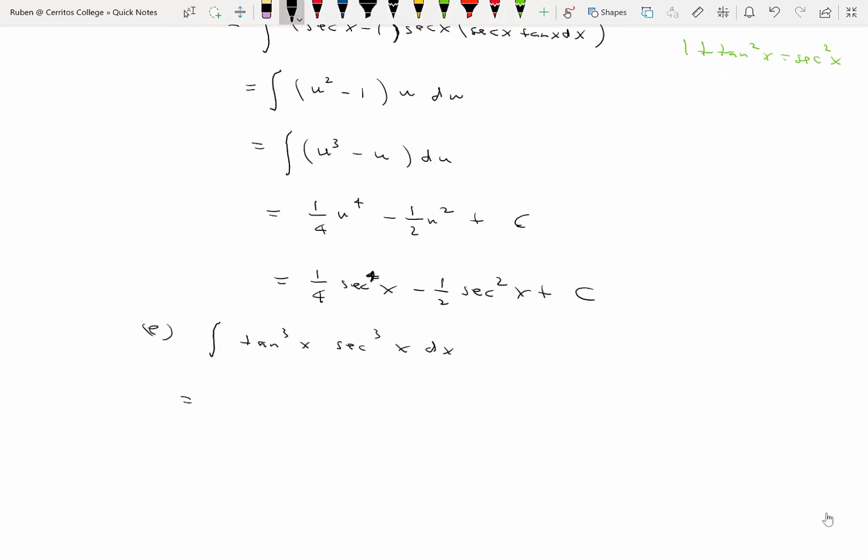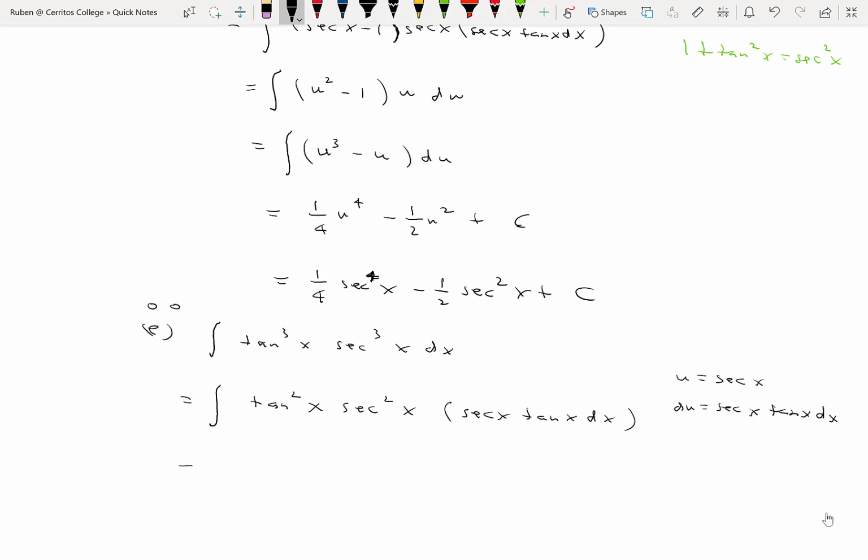Okay. So in order to make that work out for us, remember both powers here are odd, looking at odd and odd within case 2. Borrow 1 from the tangent, borrow 1 from the secant, take those borrowed powers of secant and tangent and lump them together as a factor with the dx, and let u equal secant. That gives us du equals secant x tangent x dx.